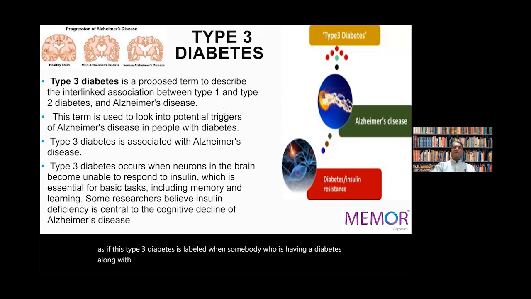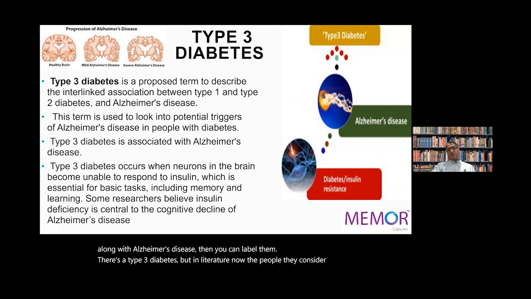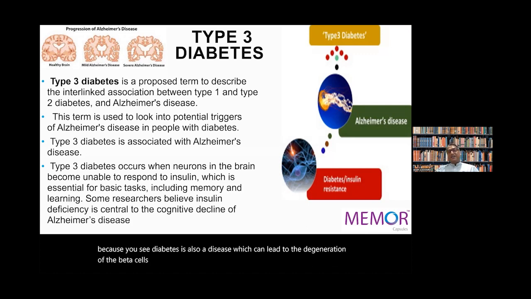But in the literature, people now consider insulin resistance and Alzheimer's disease to be interrelated. So if somebody has insulin resistance, it can lead to Alzheimer's disease. Diabetes is also a disease which can lead to degeneration of the beta cells in the pancreas.